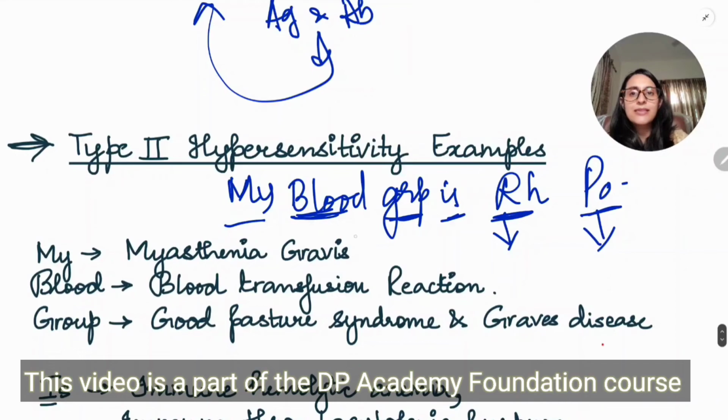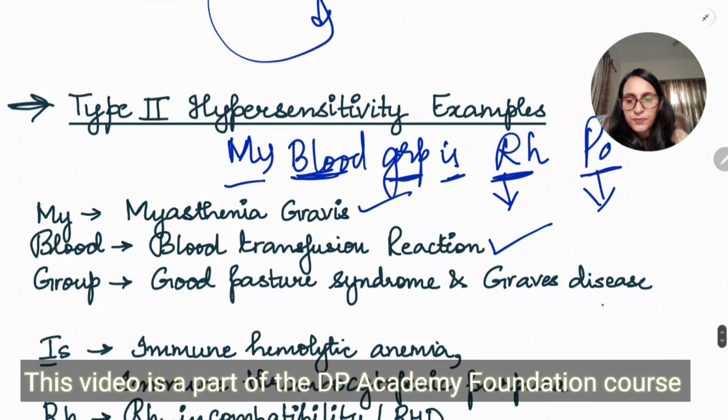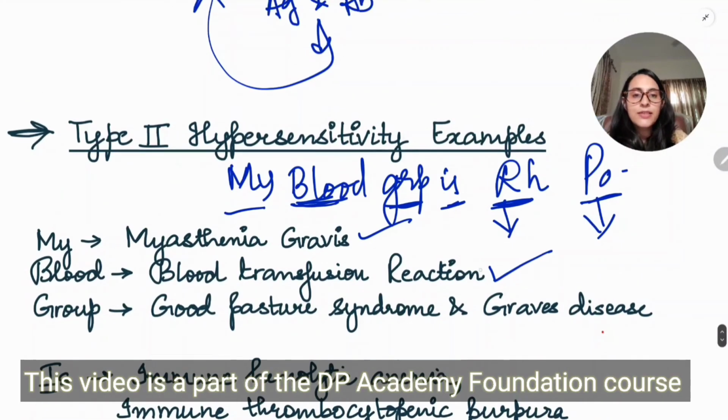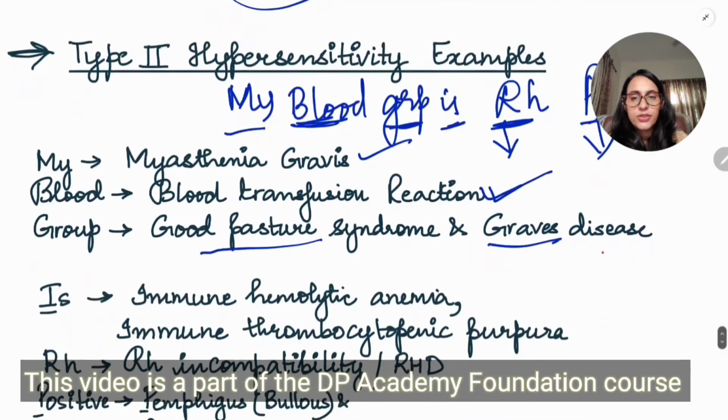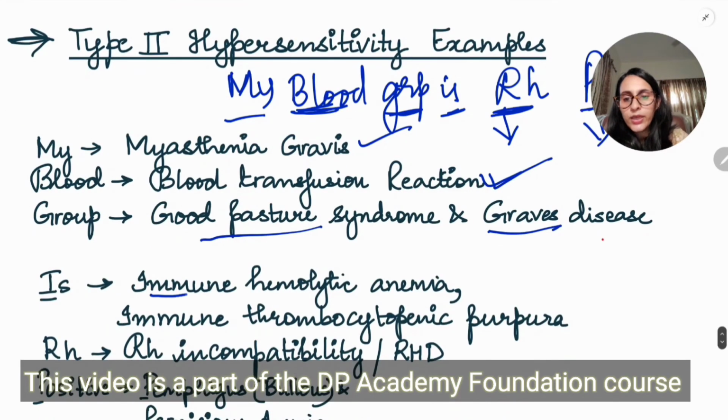My blood group. My is myasthenia gravis. Group is blood transfusion reaction. Group is Goodpasture syndrome, which is a kidney and lung disease. Graves' disease is a thyroid disease. Then is immune hemolytic anemia. Immune hemolytic means there is going to be hemolysis of RBCs.